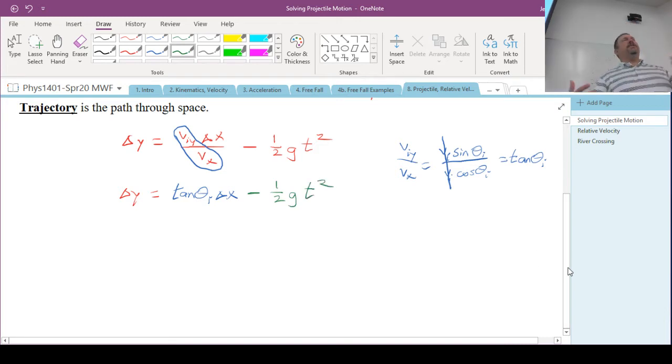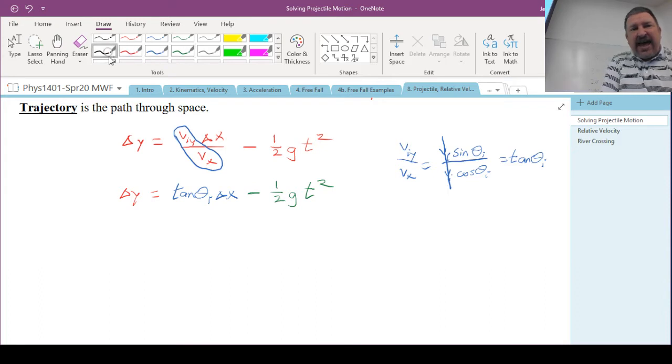So what this equation is telling me is that the actual height of the particle, that is the actual trajectory, is formed out of two terms. And one of them involves a trig function. That means that it's actually an equation for a triangle.